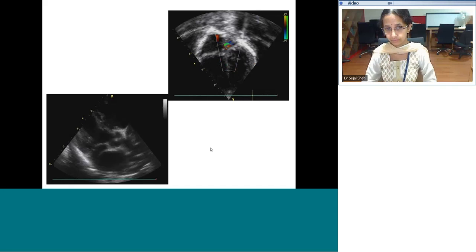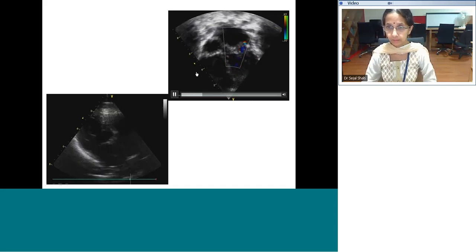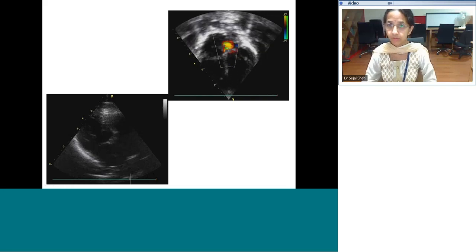So whatever is abnormal is seen very clearly in both the images. If you don't get the diagnosis, it's okay. You can write your differential diagnosis.